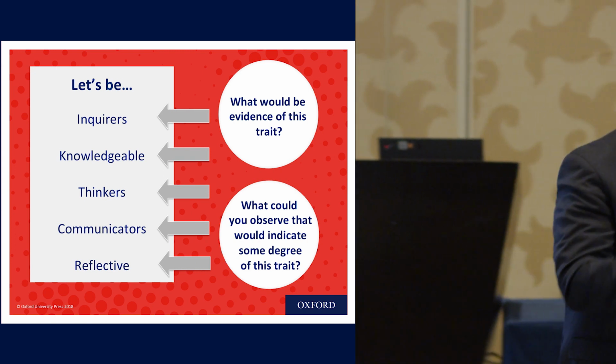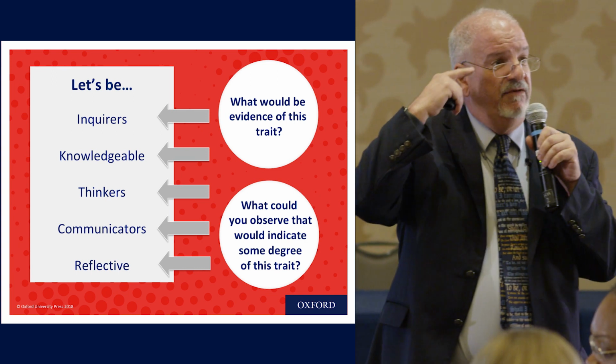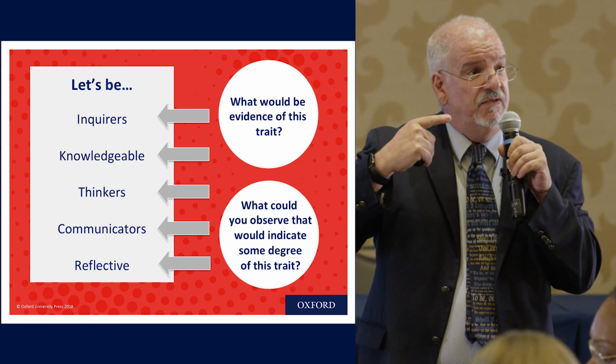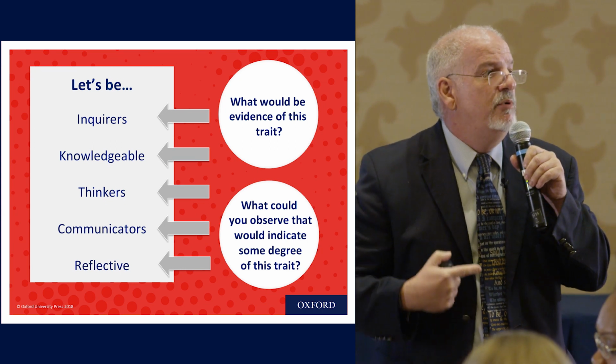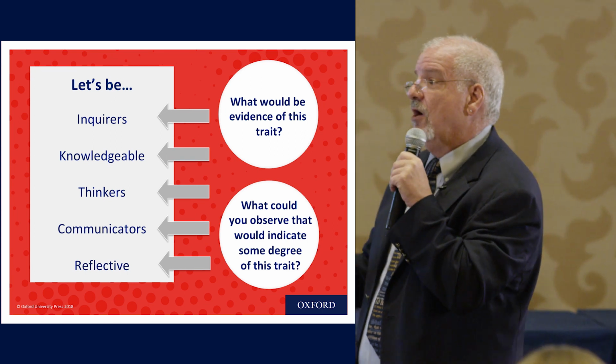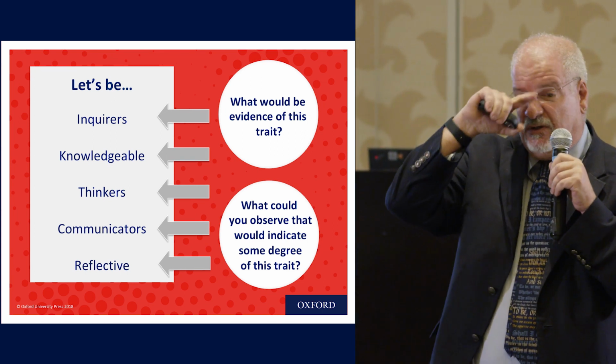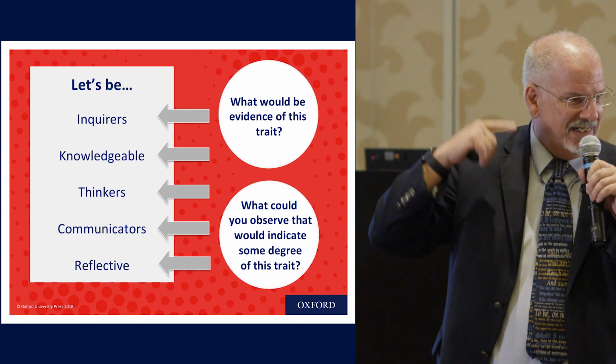It's really important as we go through this that we're always thinking about, once we identify what the aim and objective is, we have to then identify what would be evidence of that. How would the students show us they are meeting it? So the next step is always to start thinking about what is the evidence.